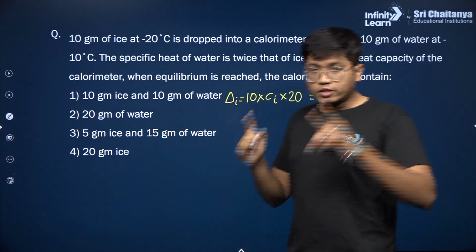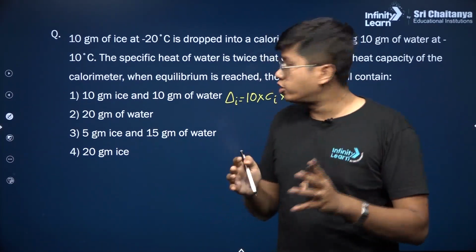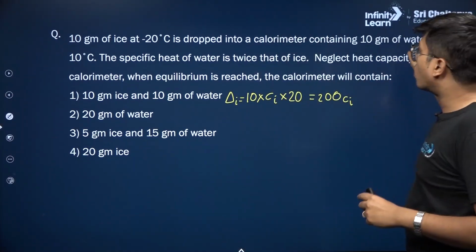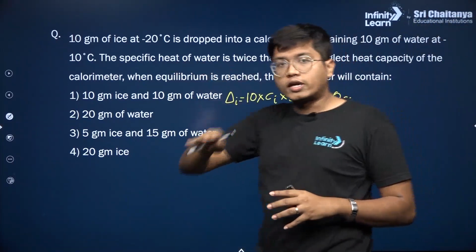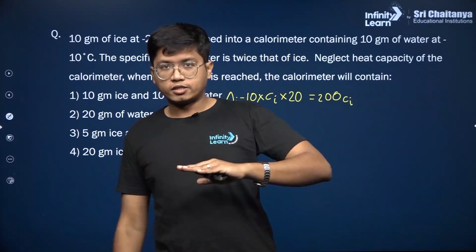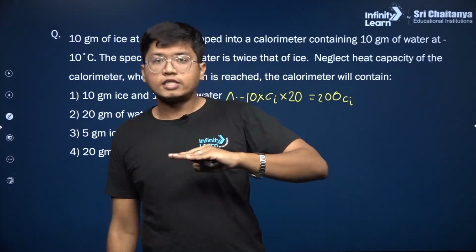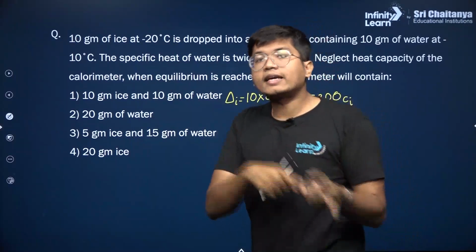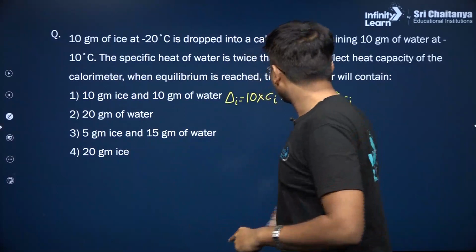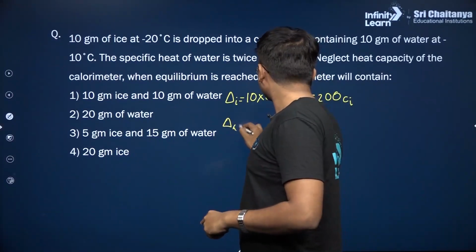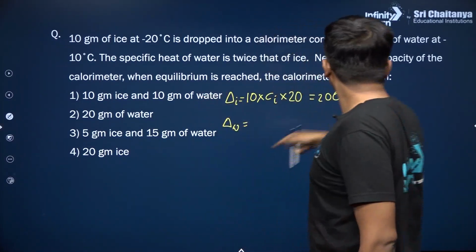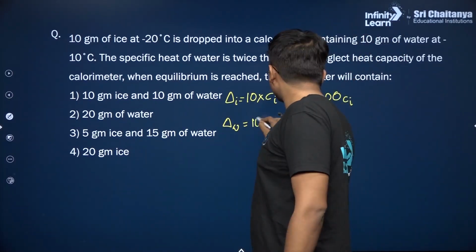right? And on the other hand, let's see how much energy it takes for the water at 10 degrees Celsius to go down to water at 0 degrees Celsius, because only then can the water start converting to ice. So delta W would be, the mass of water is again 10 grams as is.